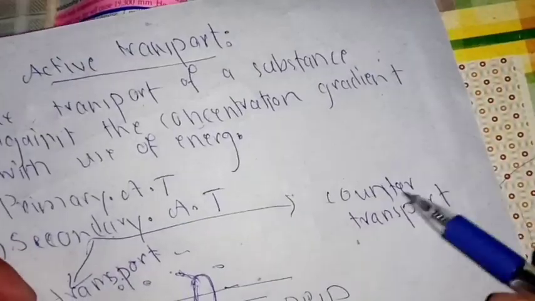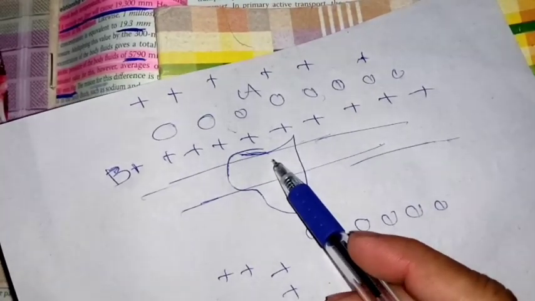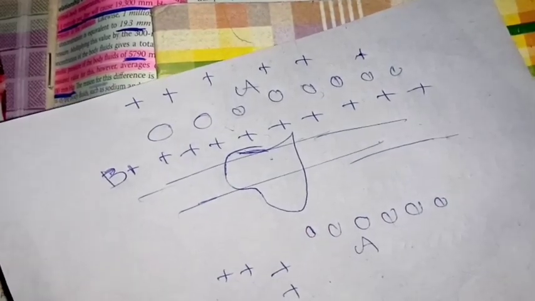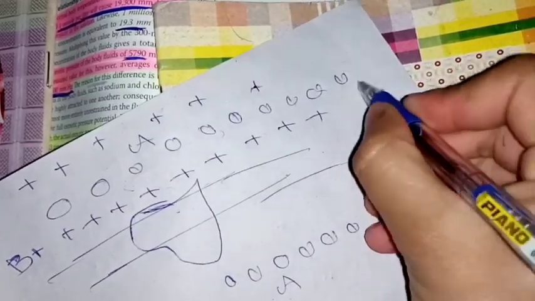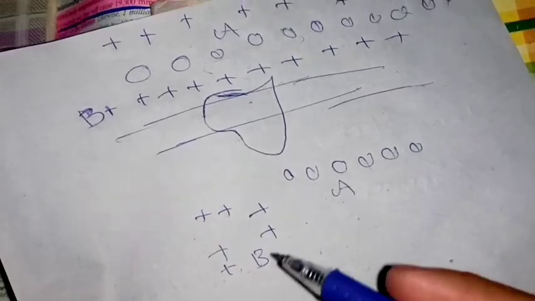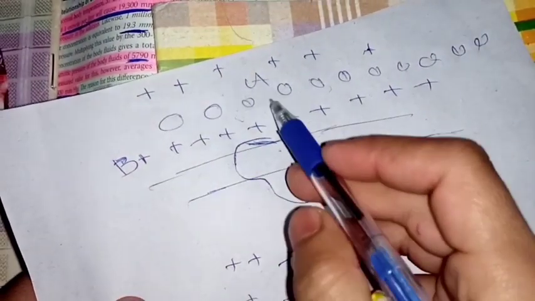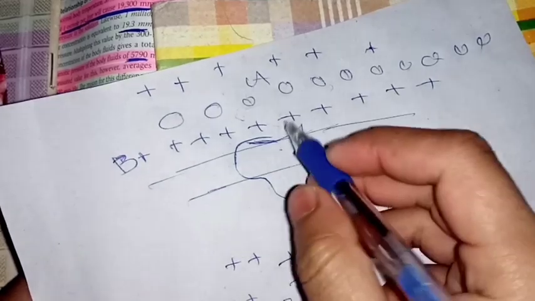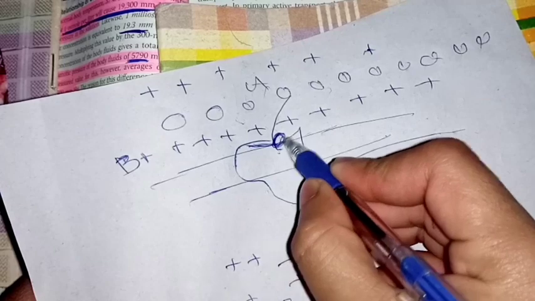Now we will discuss counter transport. For example, the cell membrane, the carrier protein, substance A, substance B. In this example, substance A is more on the outside, and substance B is also more on the outside. But substances A and B on the inside are in small concentration. What will happen? If substance A has to be carried to the inside, then substance A will attach to its receptor on the outside of this carrier protein.